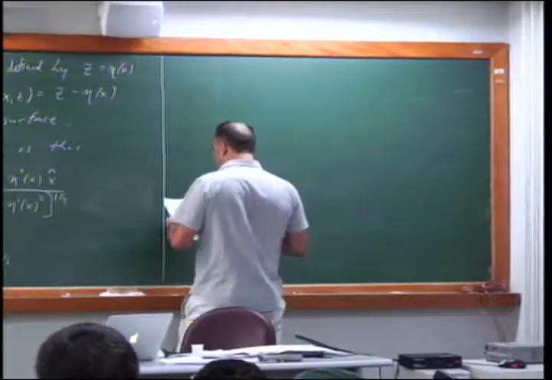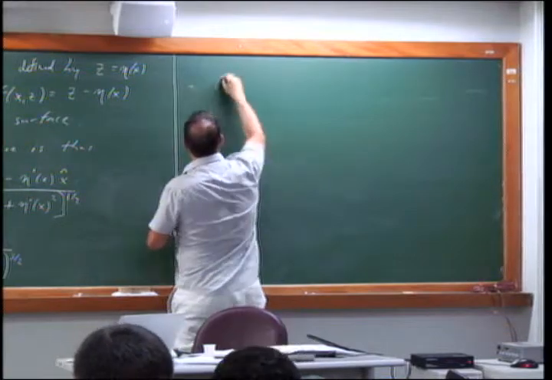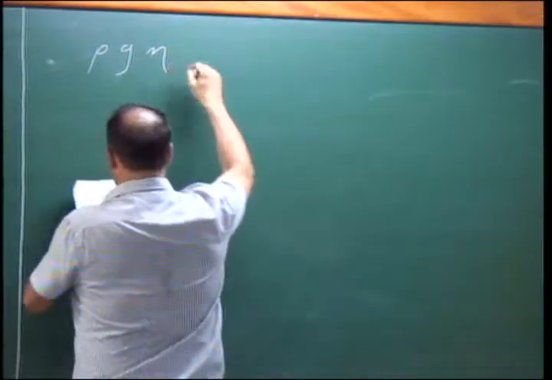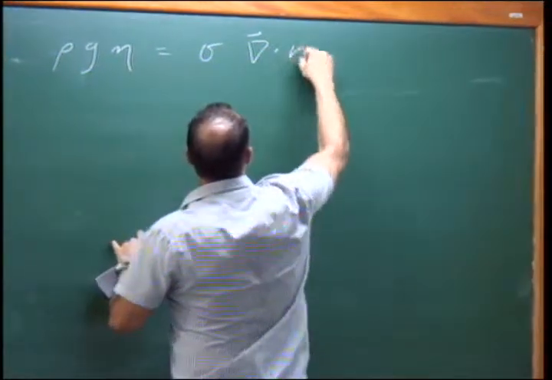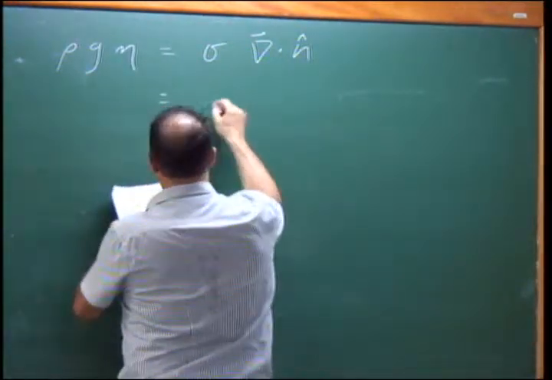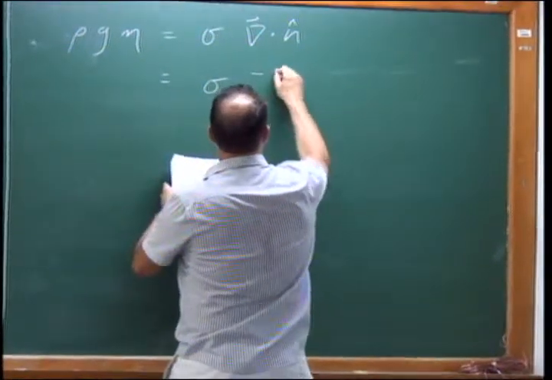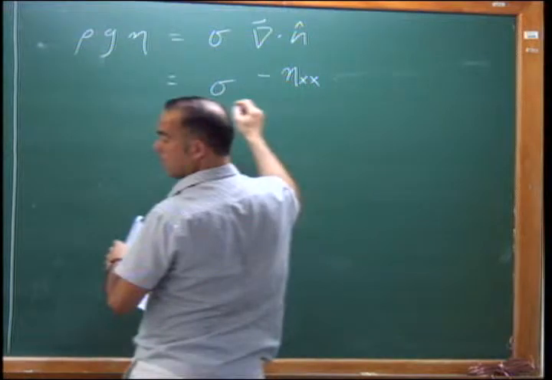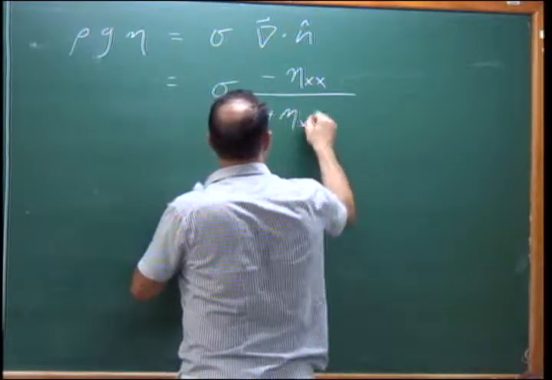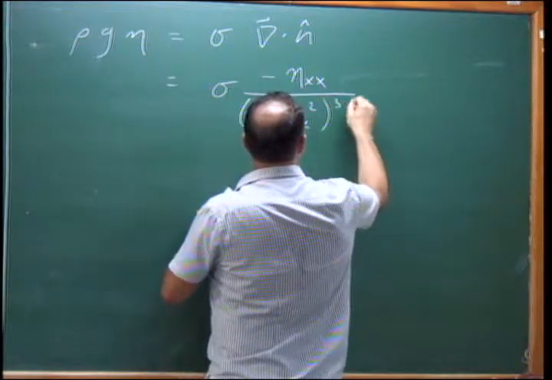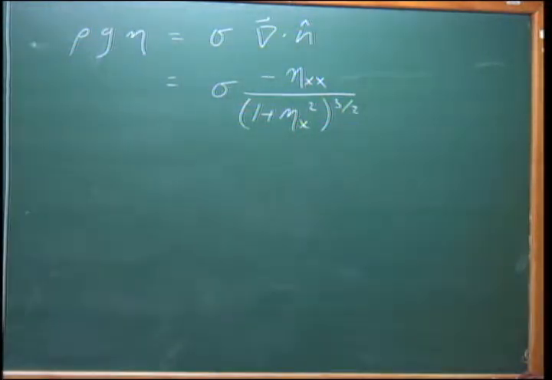Okay, so here we have minus rho g nu equals sigma div n equals sigma times minus nu xx over 1 plus nu x squared to the 3/2.